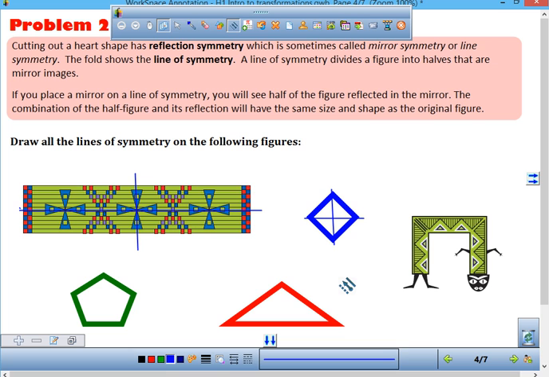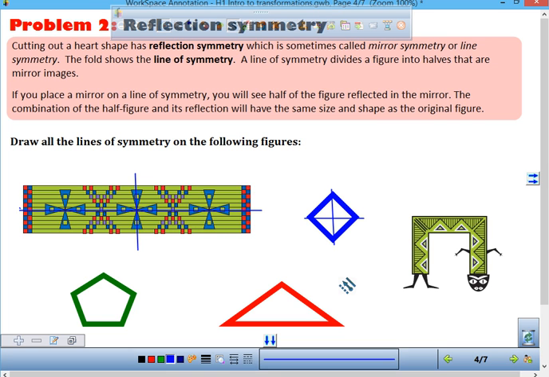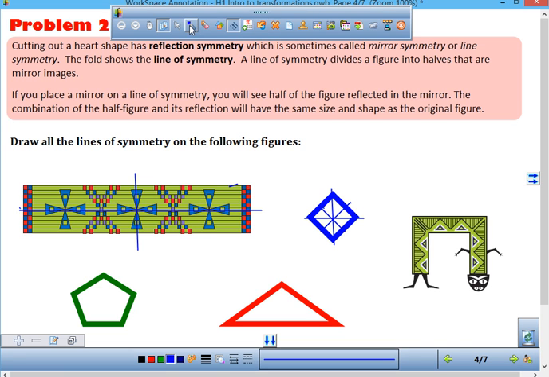Now you can go diagonally because it's what shape? A square. And a square you can go diagonally. And then I could go diagonally the other way too. Any others? How many lines of symmetry does this shape have? 4. 1, 2, 3, 4. So that one's got 4.